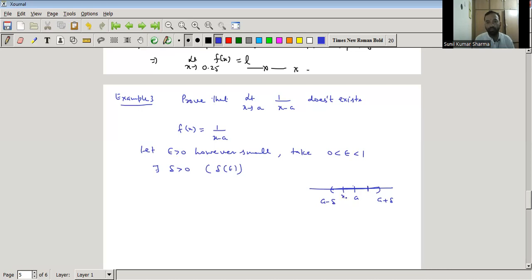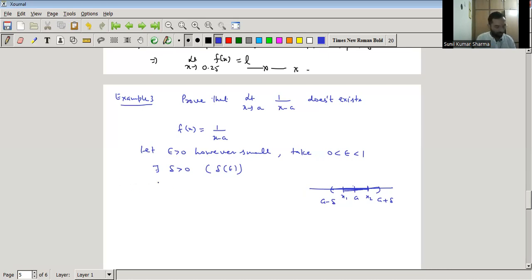If I take x1 here and x2 here, according to this we have to find f(x1) and f(x2), so that |f(x1) - f(x2)| is less than epsilon. Is it true for every epsilon? If this is true for every epsilon greater than 0, then we can say the limit of the function exists. But if it is not true, then we can say the limit of the function does not exist.